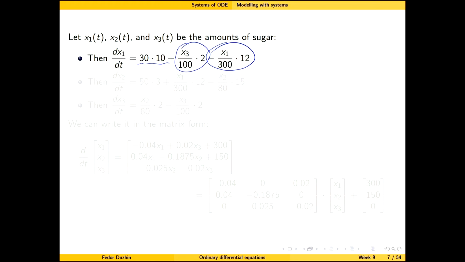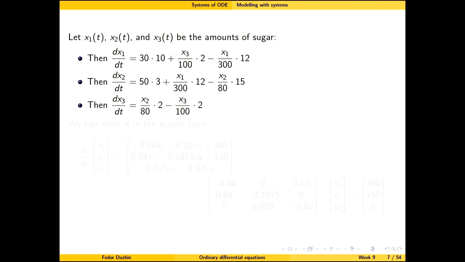And then by doing the same thing, we can deduce the equation for x2 and the equation for x3. So basically, what we have is a system of differential equations. We have 3 unknowns, x1, x2, and x3, and one independent variable.